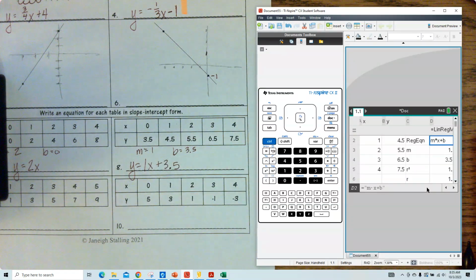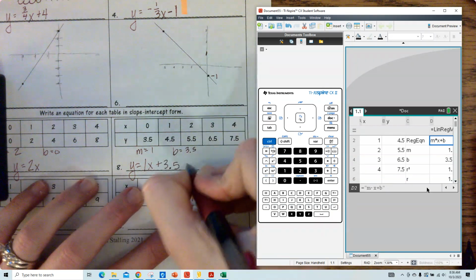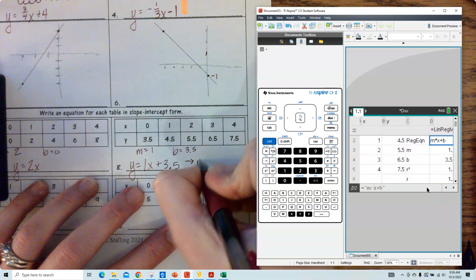Do you see something amiss? There's something that we don't do in algebra. Not the decimal. I told you decimal's okay on this one. There's something else that's off. 1x. What do we do with the 1 in front of the X? Remove it. That 1 has to become invisible.